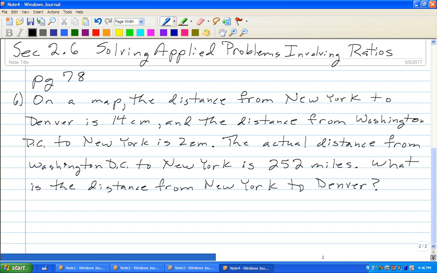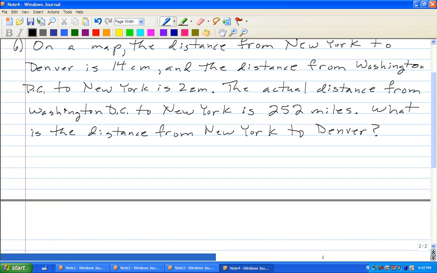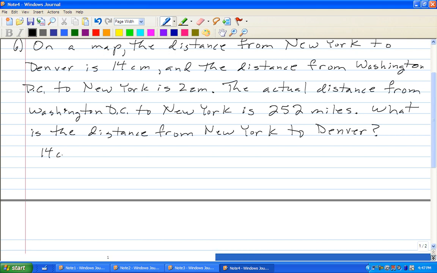And so let's set up a proportion. I have the distance from New York to Denver, so 14 centimeters on the map. The distance from Washington, D.C. to New York is 2 centimeters on the map.